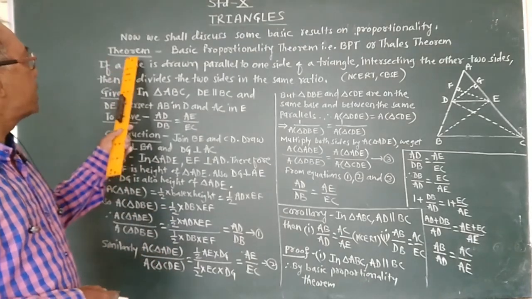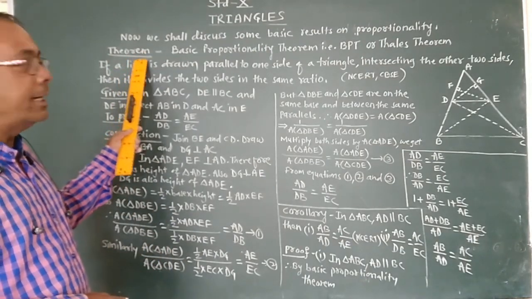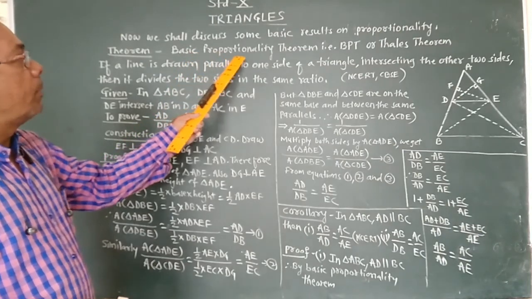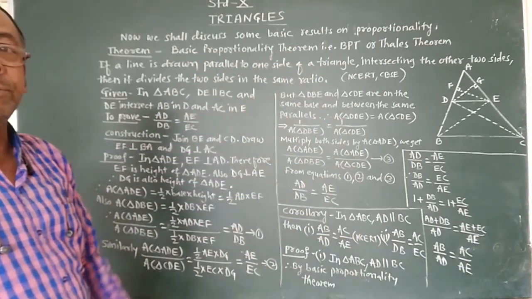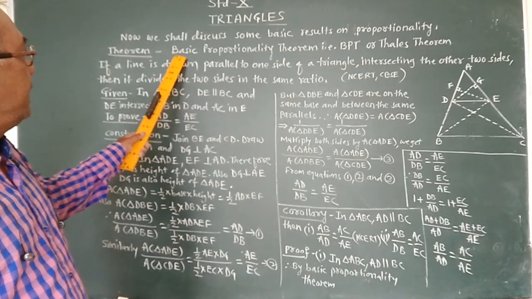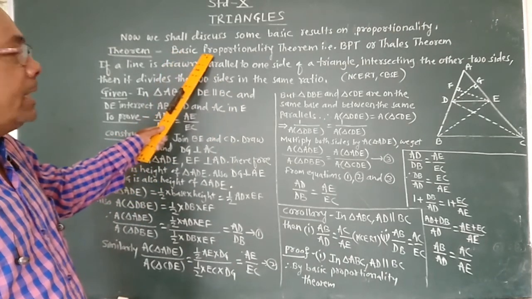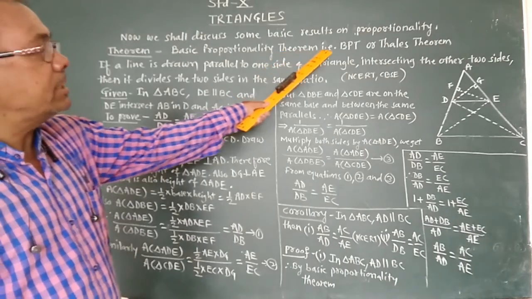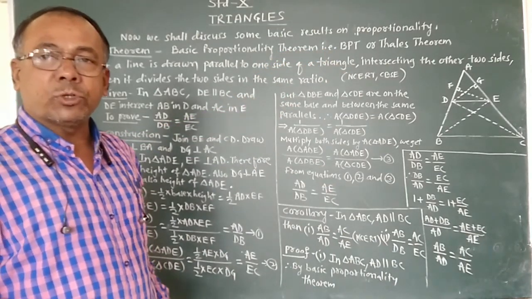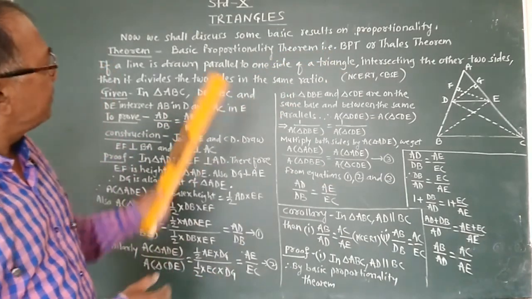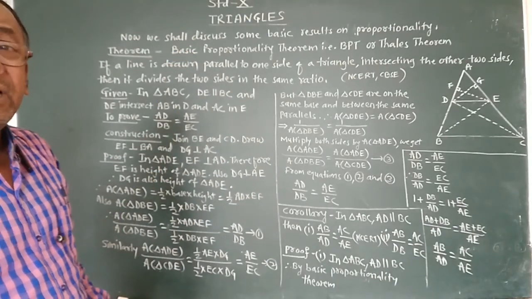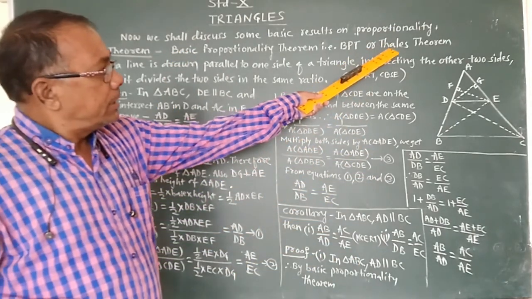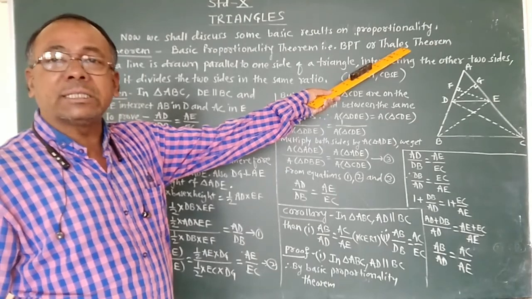So the first theorem we will see here is known as the basic proportionality theorem, that is BPT. B for basic, P for proportionality, and T for theorem, that is BPT, basic proportionality theorem, or this theorem is also known as Thales theorem.